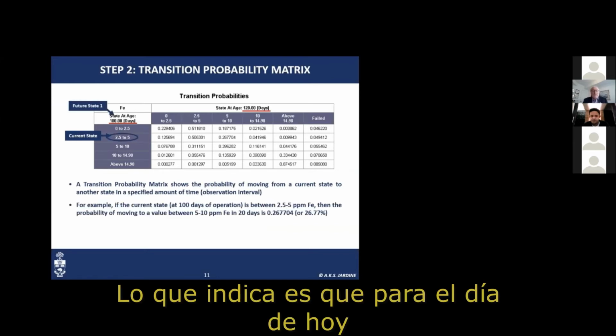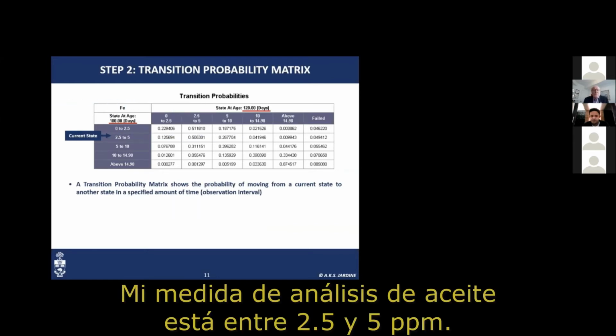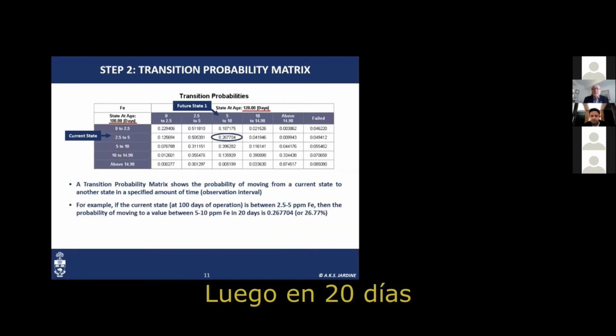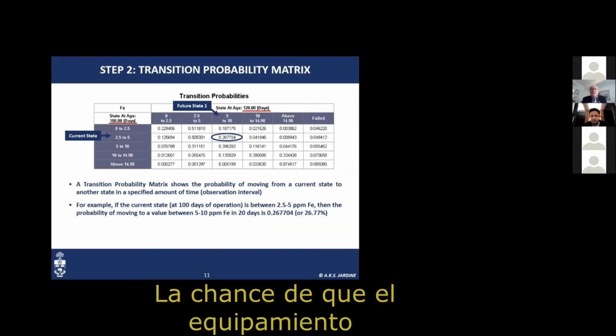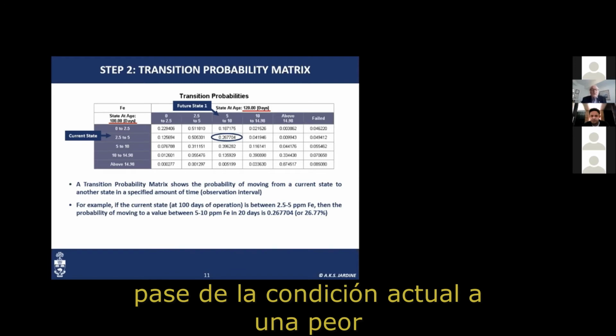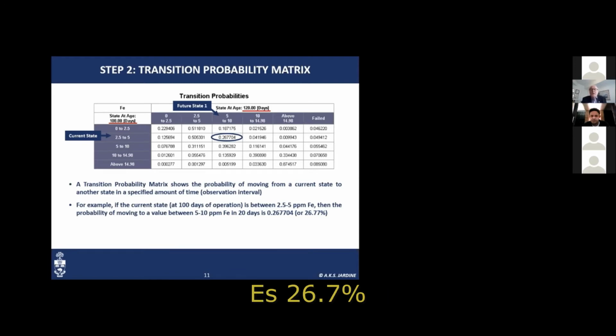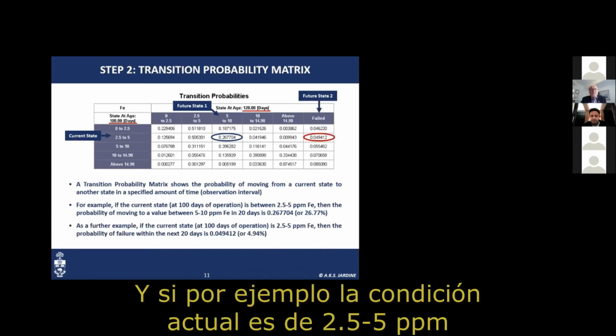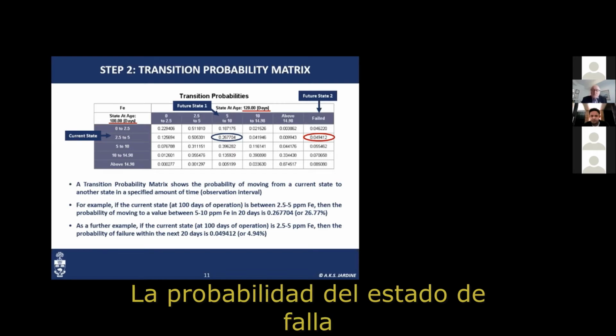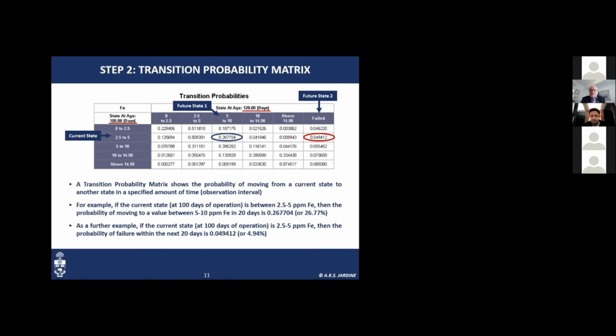What this is saying, if today my oil sample measurement is between 2.5 and 5 parts per million, in 20 days' time, the chance of the equipment going from today's condition to a worse condition is 26.7%. And for example, if today's measurement is between 2.5 and 5 parts per million, the probability of being in the failed state is 4.9%, 20 days from today.